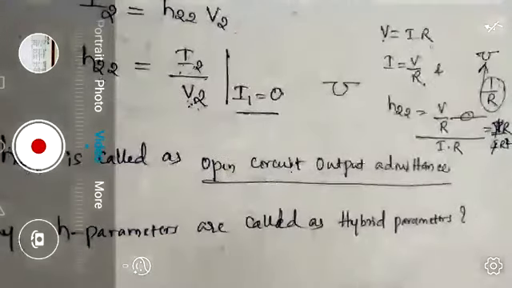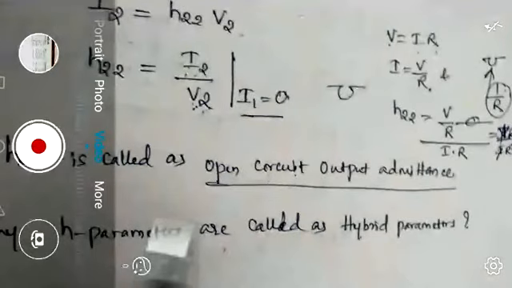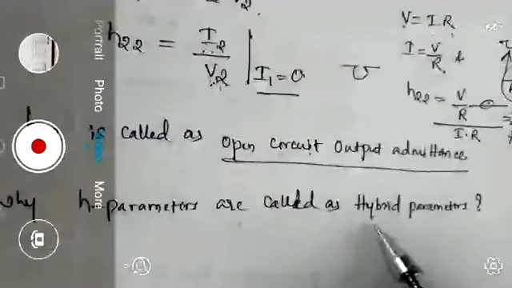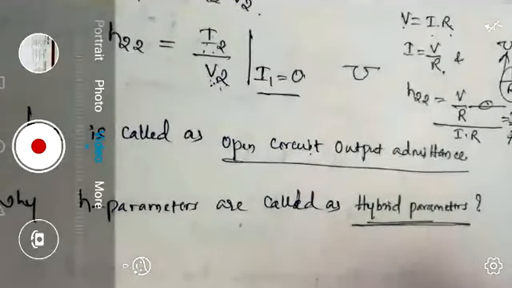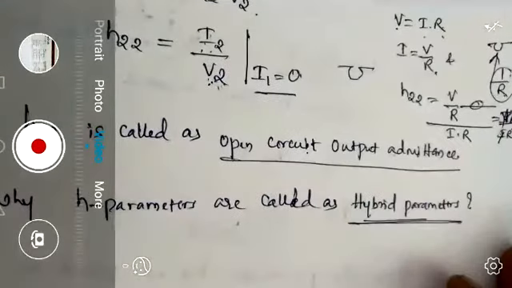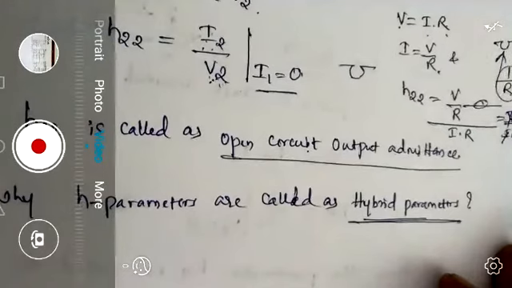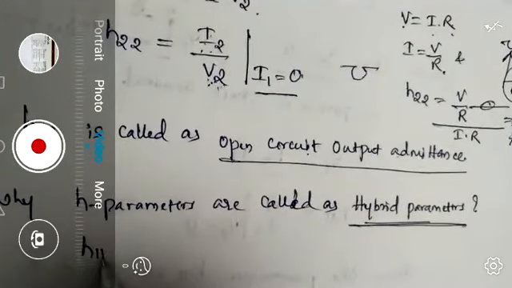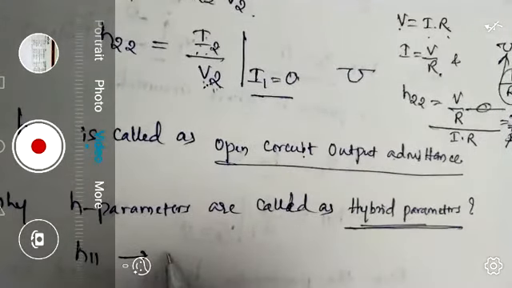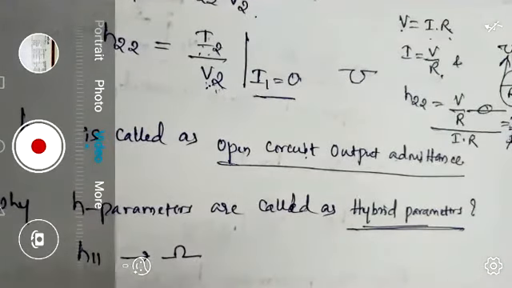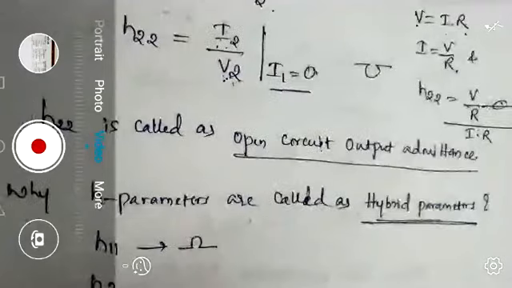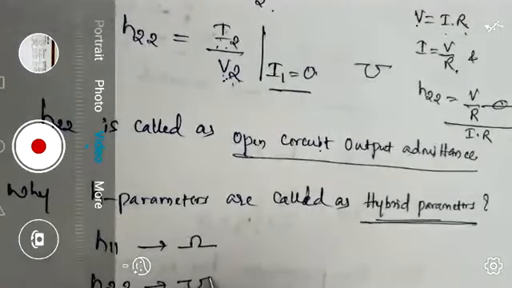Now, why H parameters are called as hybrid parameters? For this question, see, already we calculated all the four H parameters. The parameter H11 has SI unit ohm, and the parameter H22 has SI unit mho.